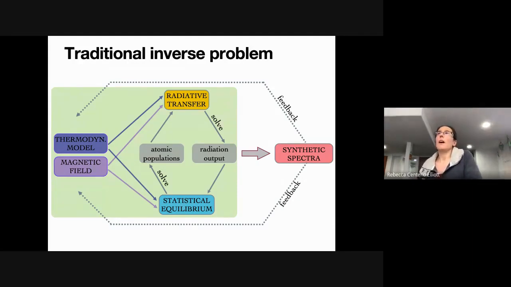This means that we either need to find alternative, much faster ways to solve this inverse problem, or use other diagnostic techniques that do not require this kind of computation, but still deliver solid inferences of the vector magnetic field in the sun's atmosphere.